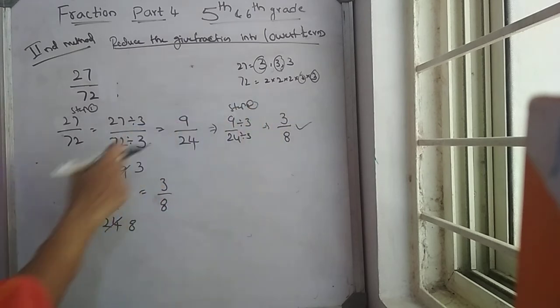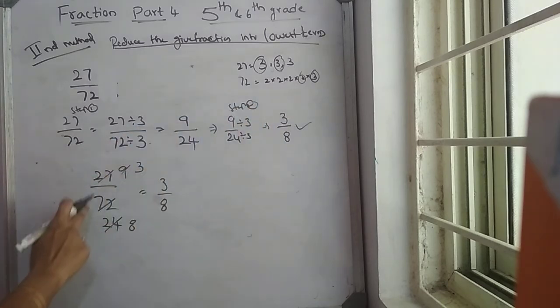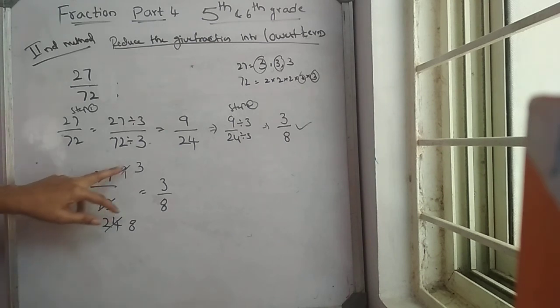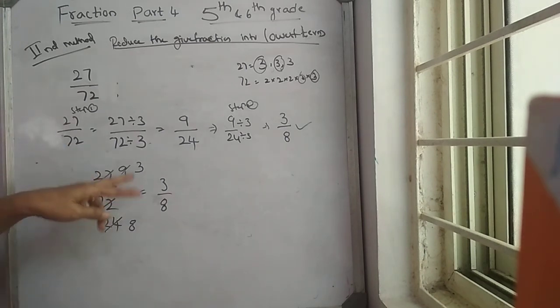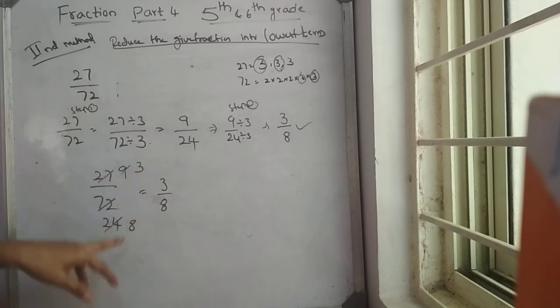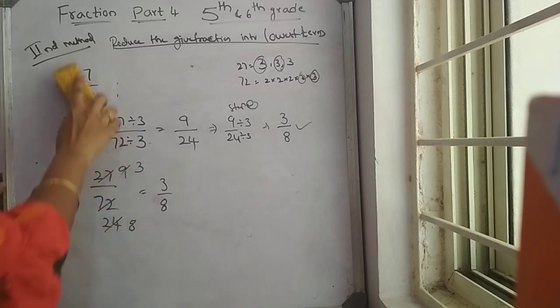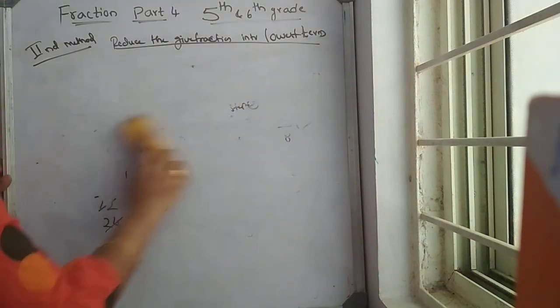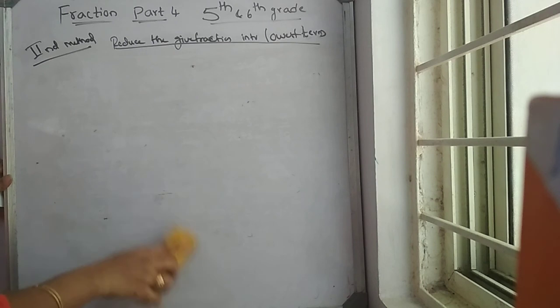Instead of this, you can do the whole process directly. 27 by 72 goes in the 3 table, giving 9 by 24. Again both go by 3, giving 3 by 8. So this is the second method. You can follow either one, whichever is easy for you.